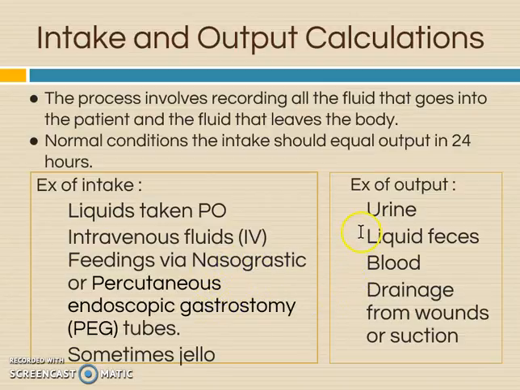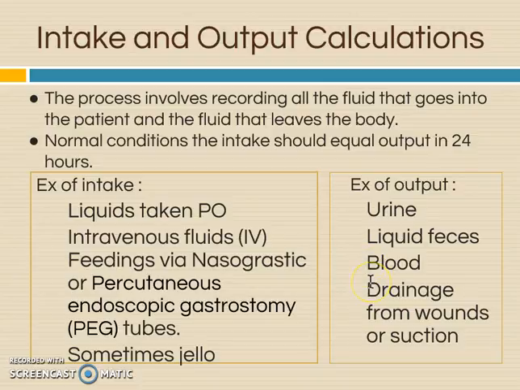As far as output is concerned, we have urine, of course, and we have liquid feces. As far as bowel movements, you might not count that as output. You might just describe the bowel movement, large or whatever, color, and just make a note of it. But the liquid part would probably be counted as output.